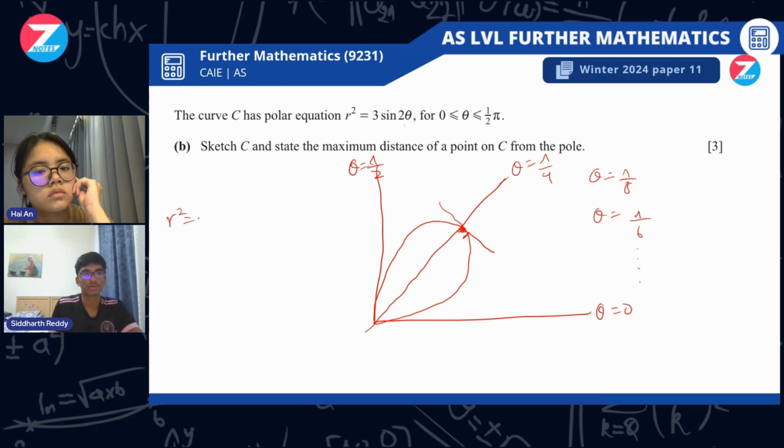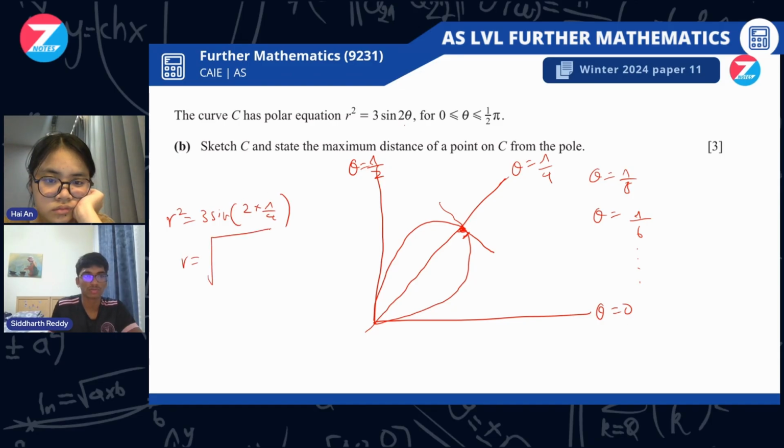So r square is equal to 3 sine of 2 times pi by 4. R is equal to root 3 sine pi by 2, and sine of pi by 2 is just 1. So it becomes root 3. So the furthest distance from the pole is root 3.